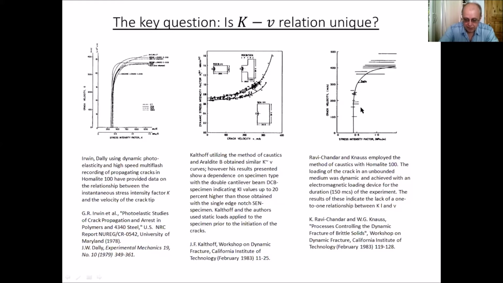The result indicates the lack of a one-to-one relationship between K1 and V. So according to them, there is no such relation at all. So these experiments showed that the relation just doesn't exist.